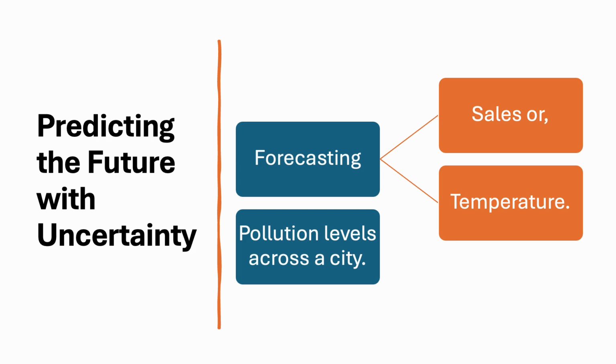Whether forecasting stock markets, weather patterns, or patient health outcomes, traditional models often provide single-point estimates that fail to capture the range of possible scenarios. This limitation can lead to poor decision-making, as it ignores the natural variability and unpredictability in data.